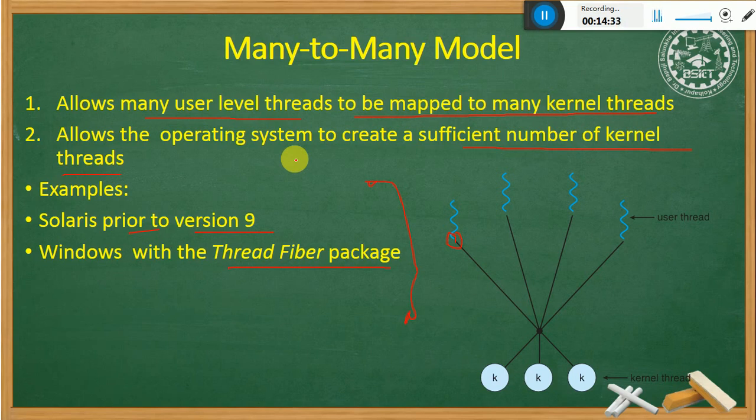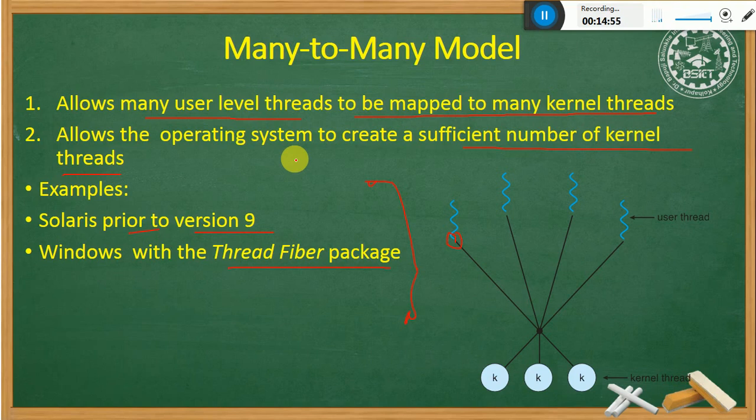When there is a question in the MSBTE question paper to explain the multi-threading models, you can write down the definition of thread first, then what is meant by multi-threading, then list out the three models, then explain every individual model with feature and diagram and a proper example.